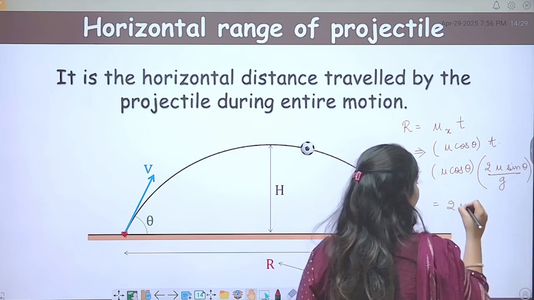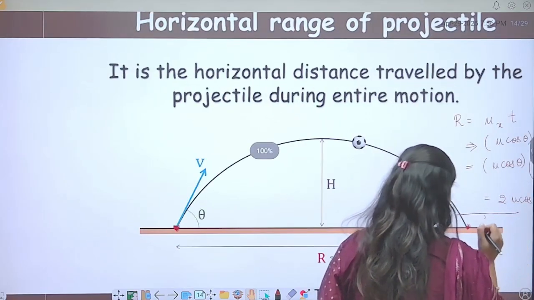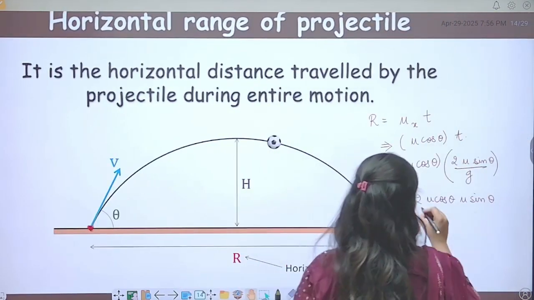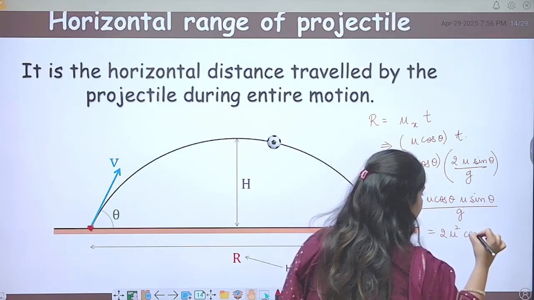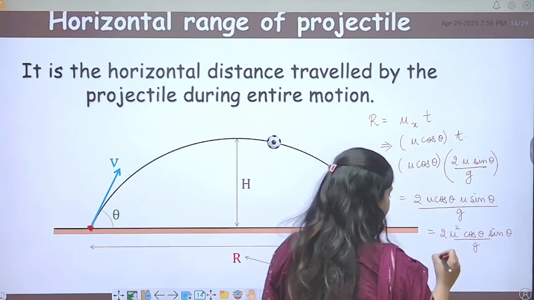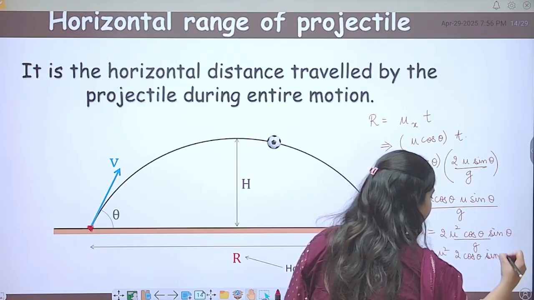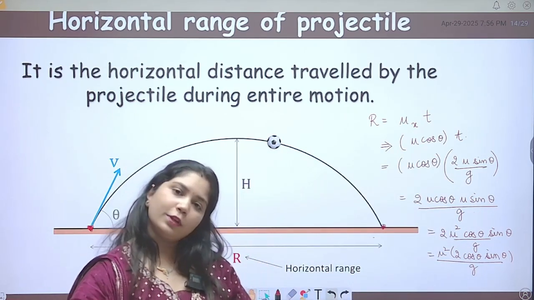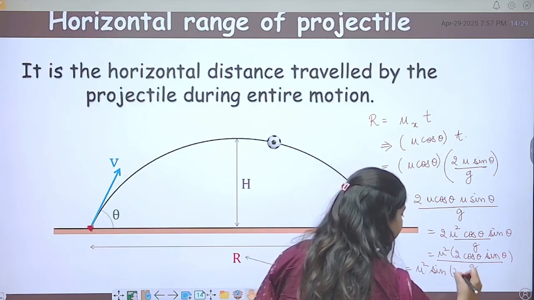So 2u cos theta, u sin theta by g. Simple. 2u square cos theta sin theta by g. 2 cos theta sin theta is equal to sin 2 theta. So u square sin 2 theta by g.